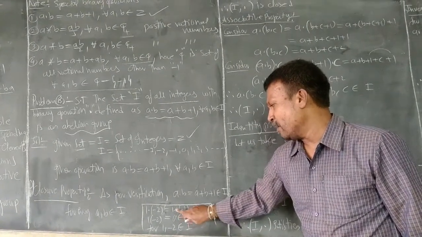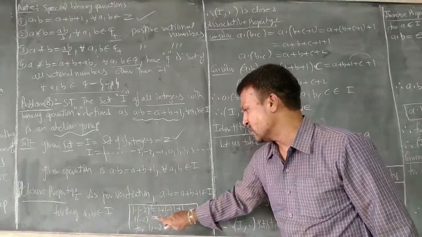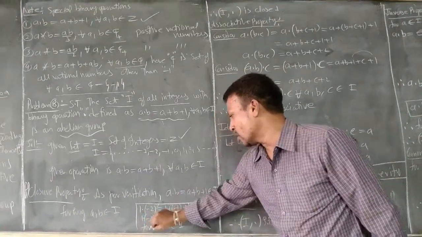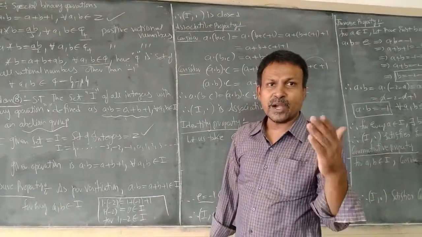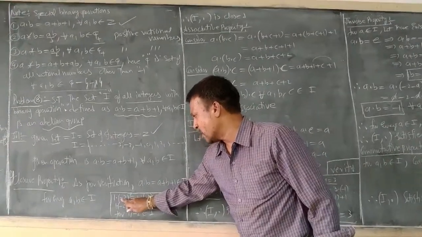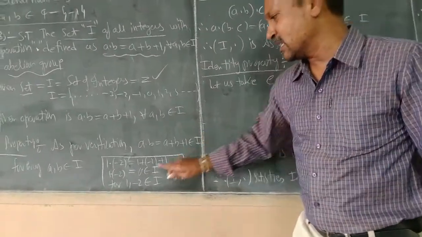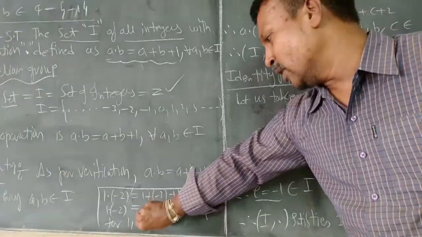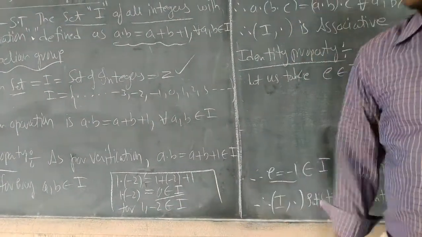So 1 plus 1 gives 2, 2 minus 2 is 0. Therefore 1 dot of -2 is equal to 0, which belongs to I. The set of integers contains the neutral integer 0. Therefore on operating 1 dot of -2 with a plus b plus 1, the resultant value is again an integer. The resultant value here in this example is 0, which is present in the set of integers, for 1 comma -2 belong to I.